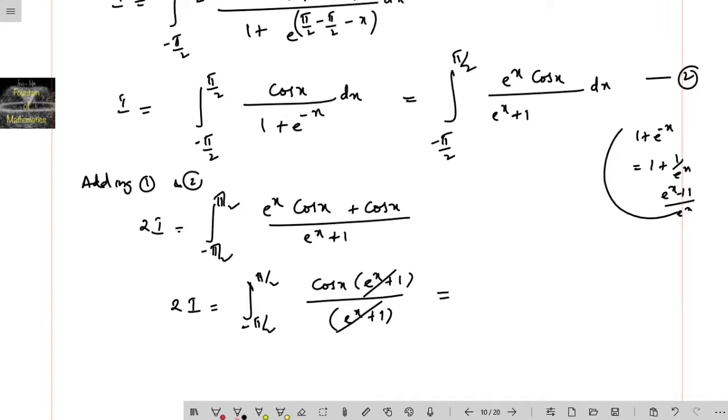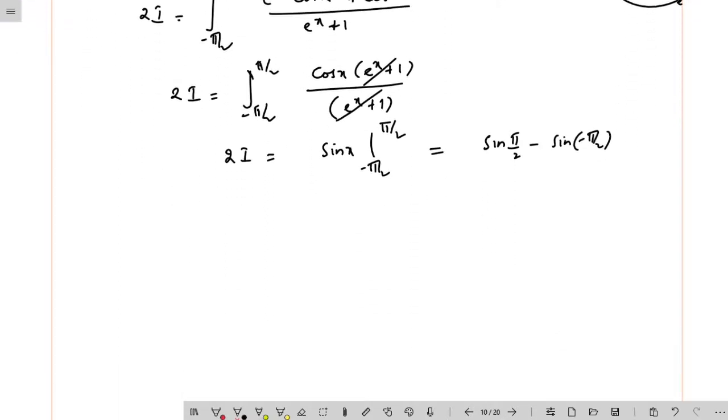So 2I is equal to the integral of, this is sin x, the limits are −π/2 to +π/2, which is equal to sin(π/2) minus sin(−π/2). So sin 90° is 1.